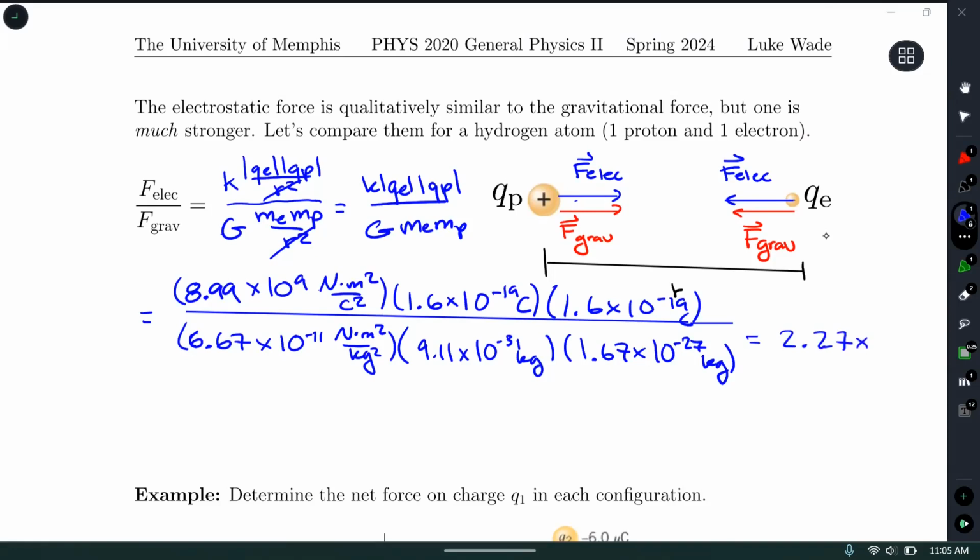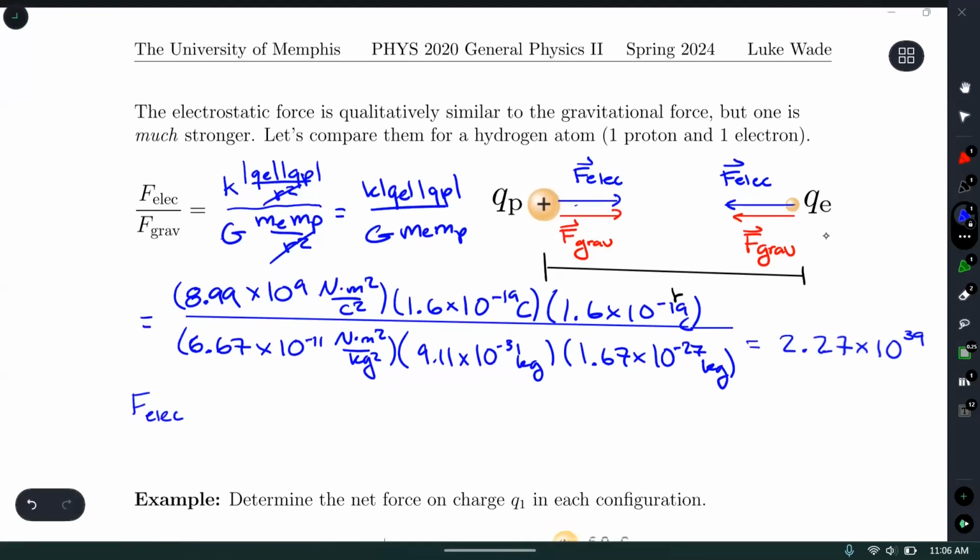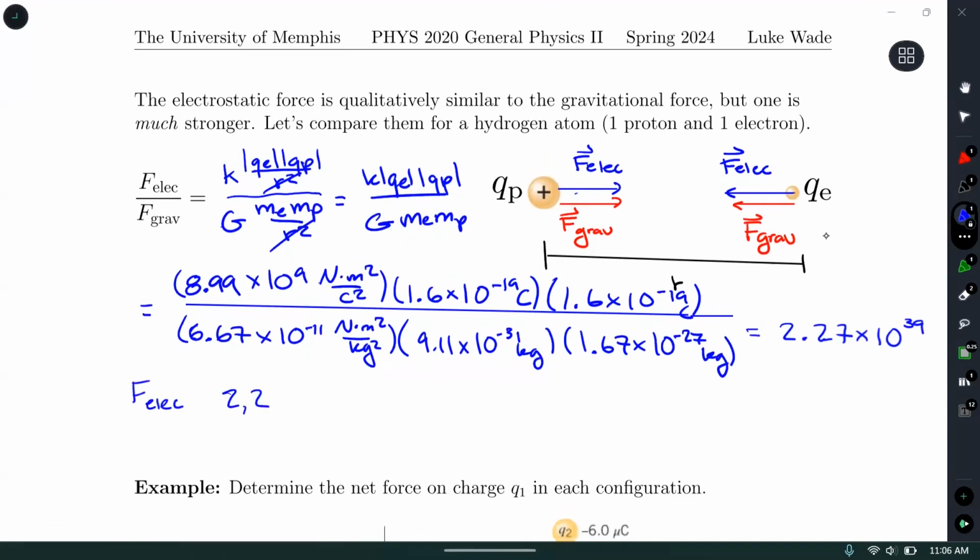2.27 times 10 to the 39. So which one's stronger? Electric. Electric by an unbelievable amount. I like to really stress this by not using scientific notation.